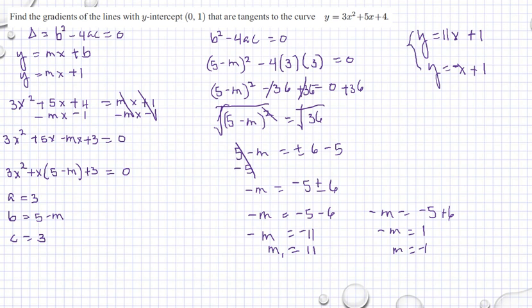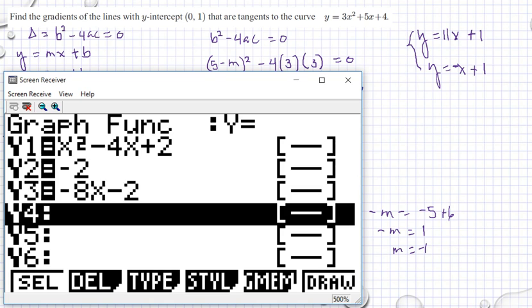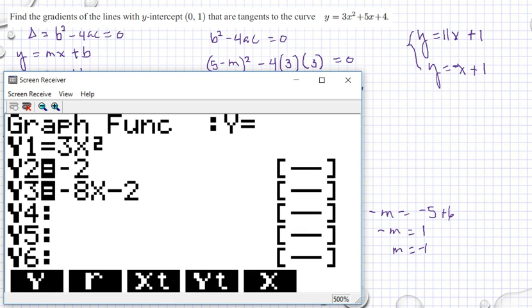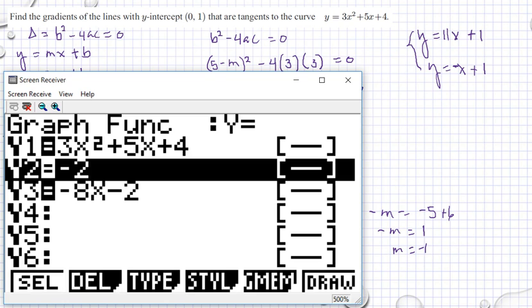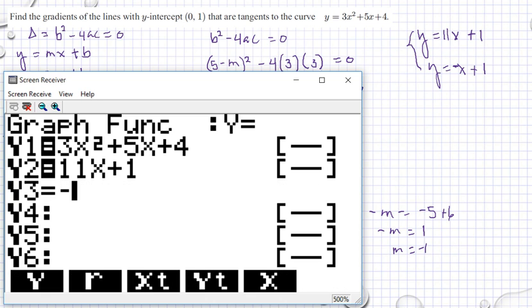Okay? We'll try to put that in our graphing calculator. We have 3x squared plus 5x plus 4, and then we have 11x plus 1, and then we have negative x plus 1.